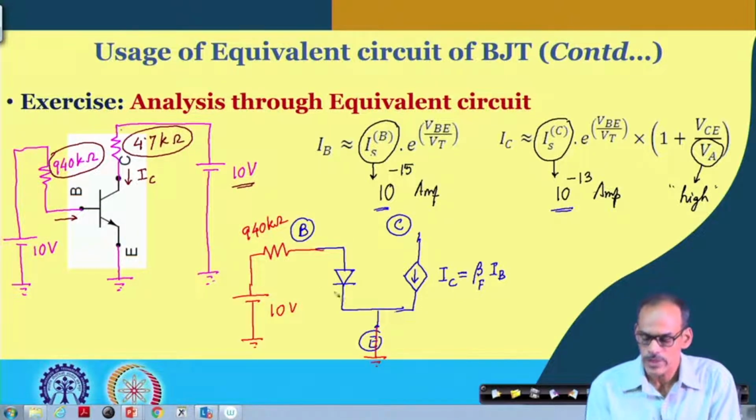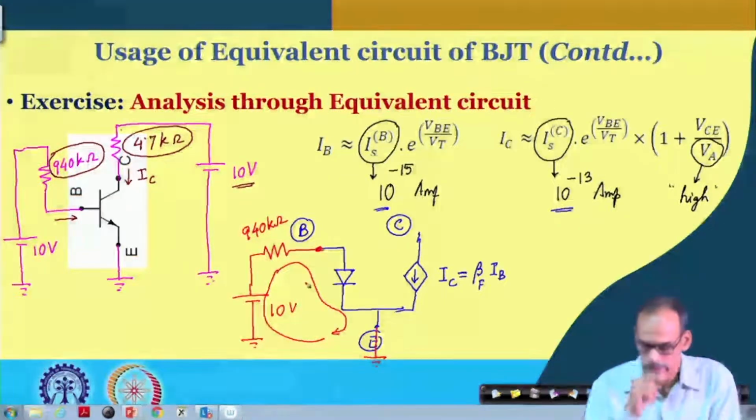So, if you see that this diode is getting forward biased, it can be shown easily, with the method we followed for the simple diode circuit, particularly to analyze this loop, that the current flowing through this is 10 microampere.